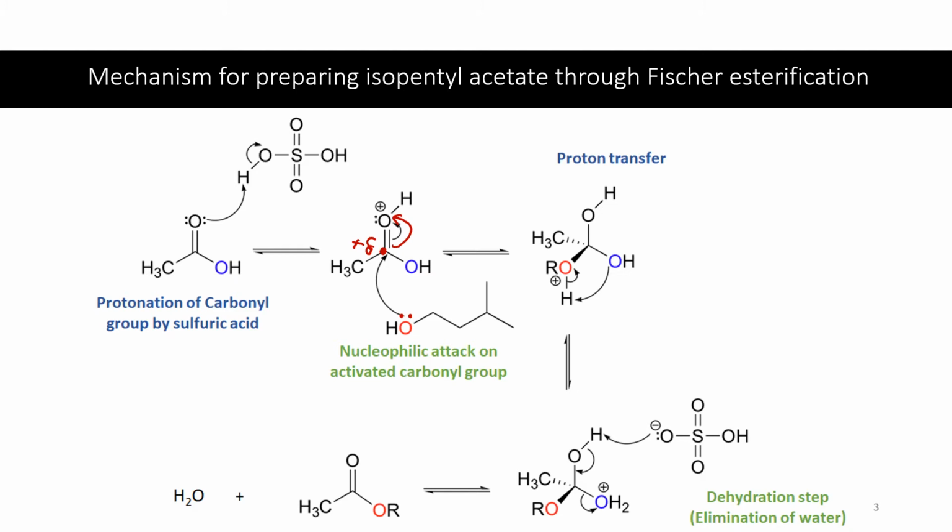So we have a condensed molecule over here, and next we see a proton transfer. So there is an OHR group now attached to this carbonyl carbon, and there will be a proton transfer where this proton is transferred to the oxygen that was in the OH of the carboxylic group.